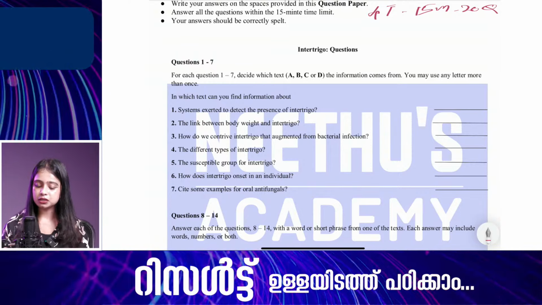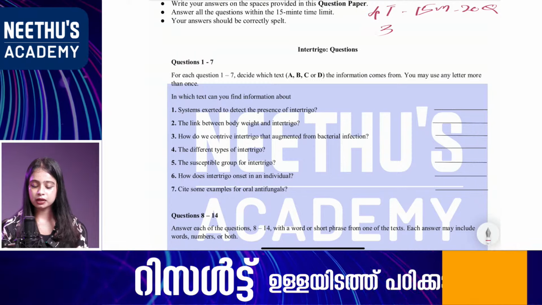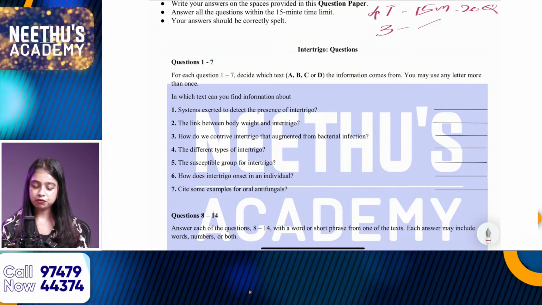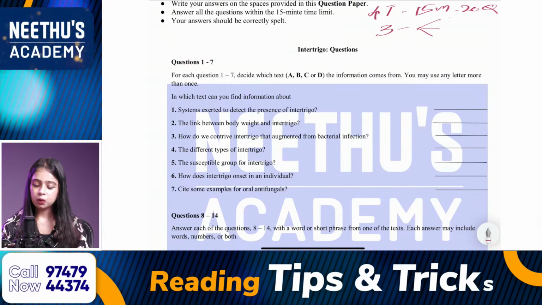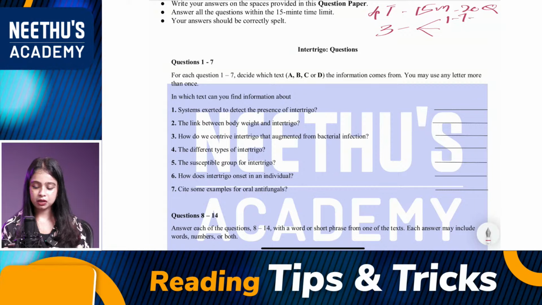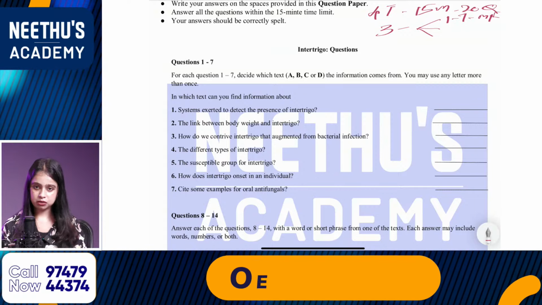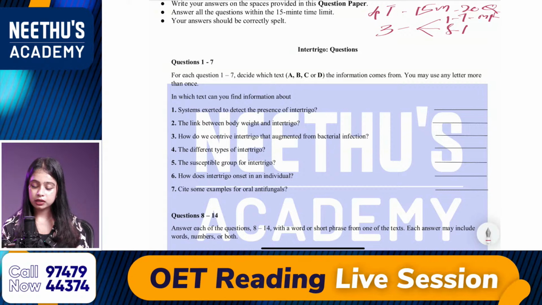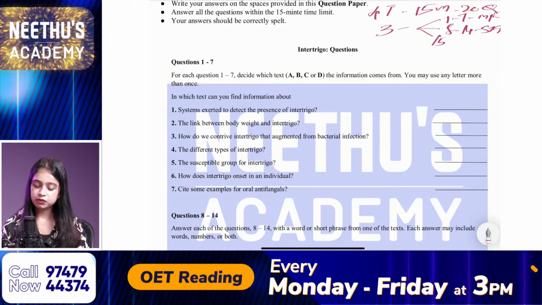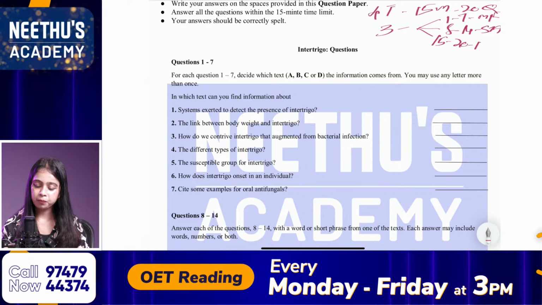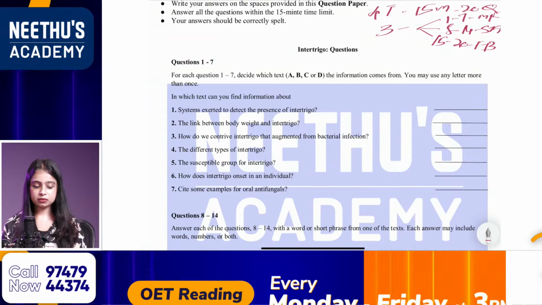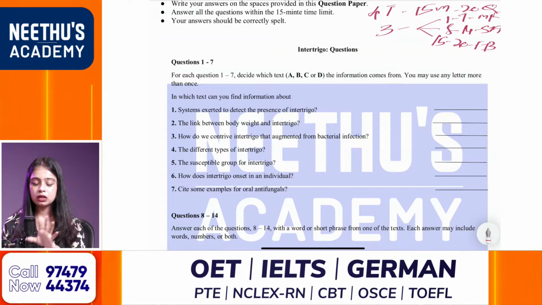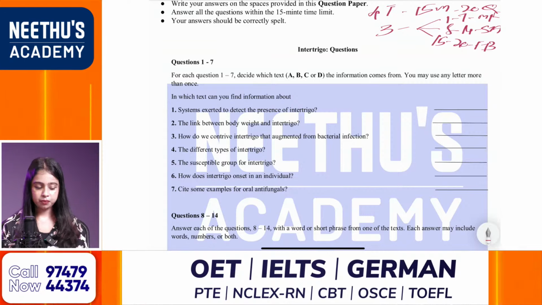These 20 questions can be categorized into 3 sections. The first, questions 1 to 7, are match the following questions. Then questions 8 to 14 are short answer questions, and the rest, 15 to 20, are fill in the blanks. Clear? So that's all about these categories of questions.